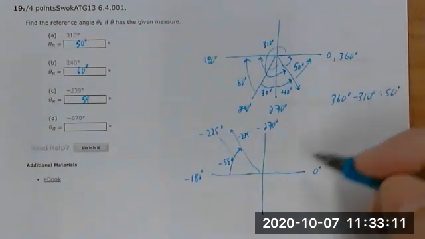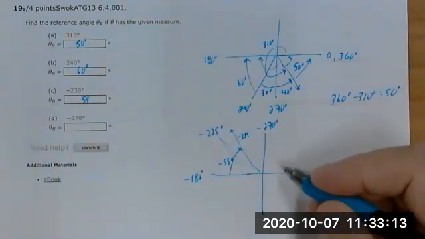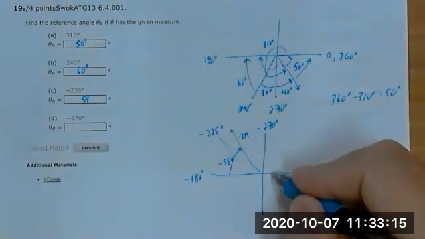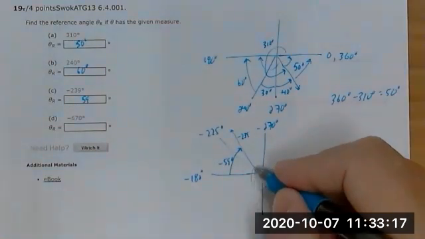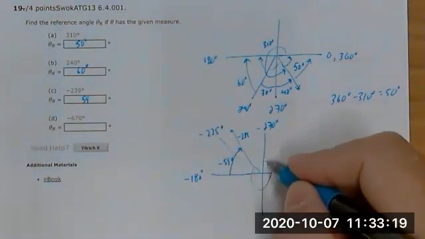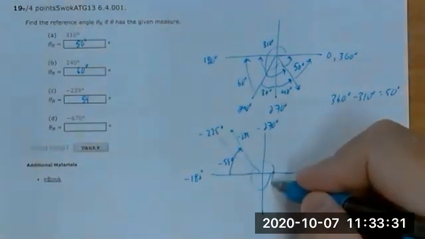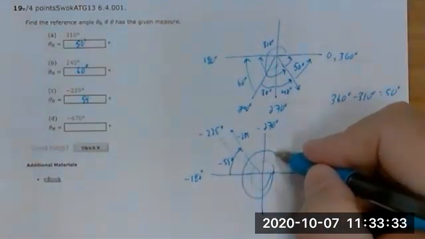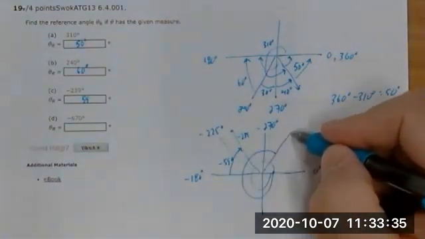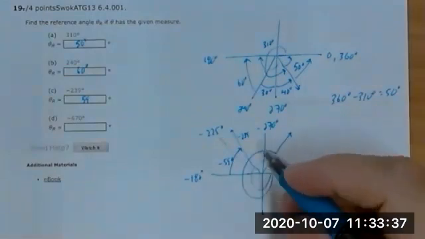Let's just do this last one on negative 670. Well, what you have to do is all the way around, negative degrees short. So I think it's probably about right there.